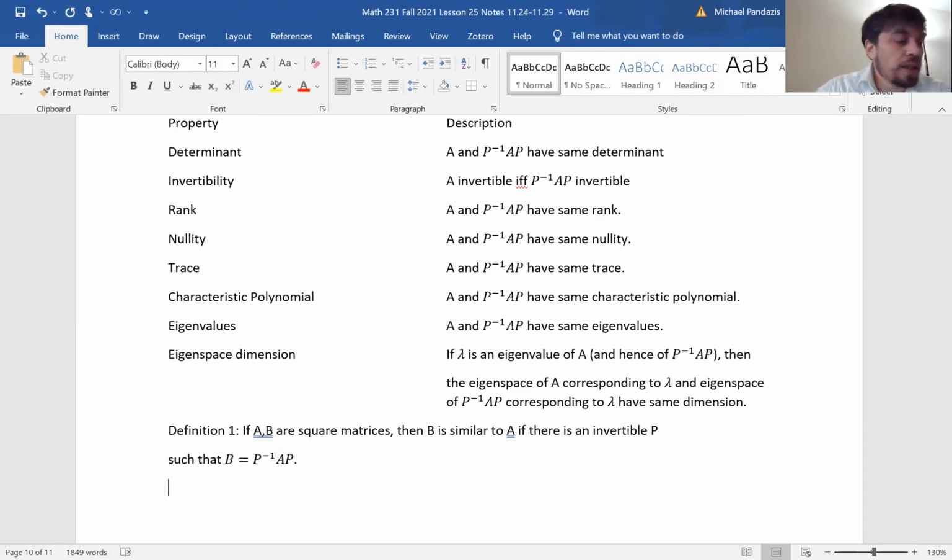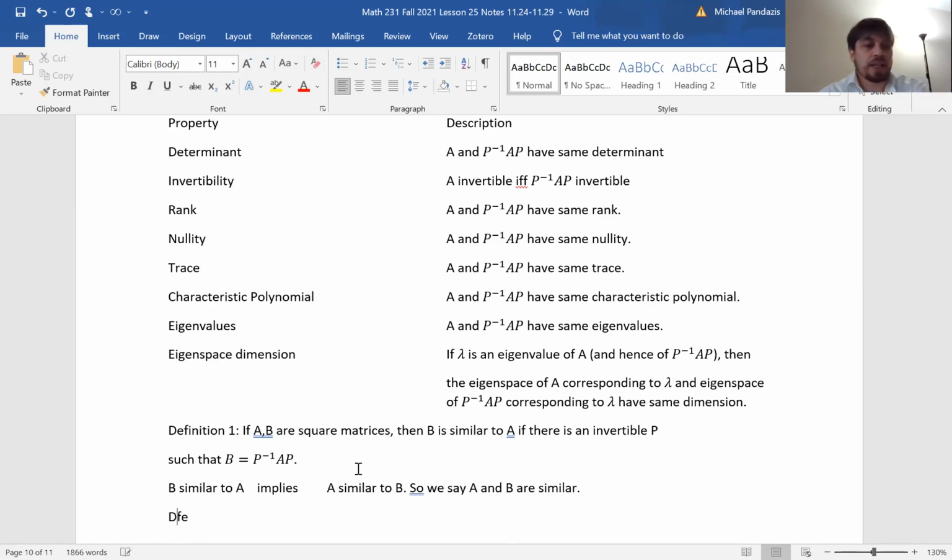B similar to A implies that A is similar to B, so we say A and B are similar instead of one is similar to the other.